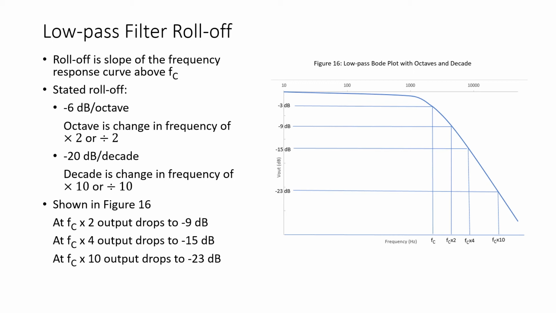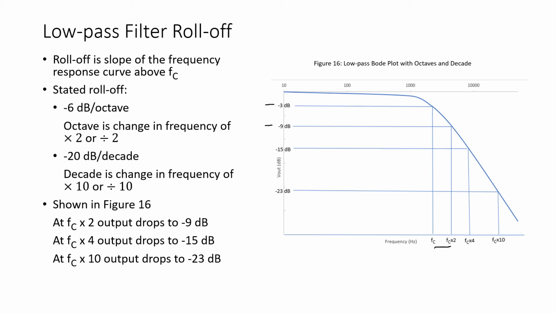So as shown in figure 16, we know, of course, that at the cutoff frequency, the filter has already dropped to -3 dB. But from the cutoff frequency to 1 octave above the cutoff frequency, FC times 2, the output voltage has dropped by 6 decibels to a level of -9 dB.